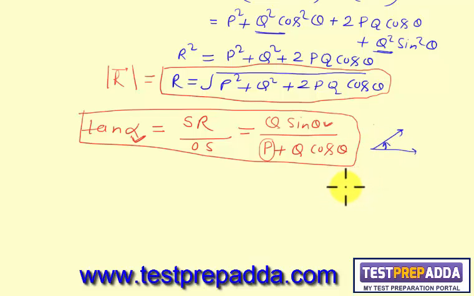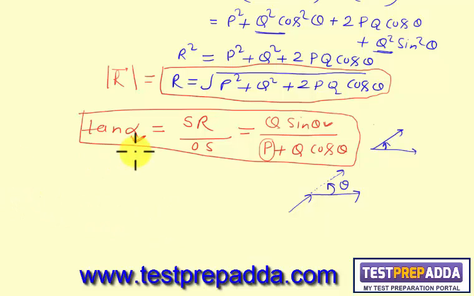For example, if the two vectors are given in this manner, this, and for example this, then you have to extend this vector to get this angle theta.